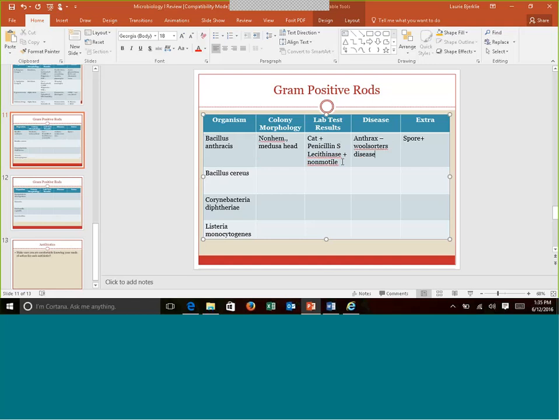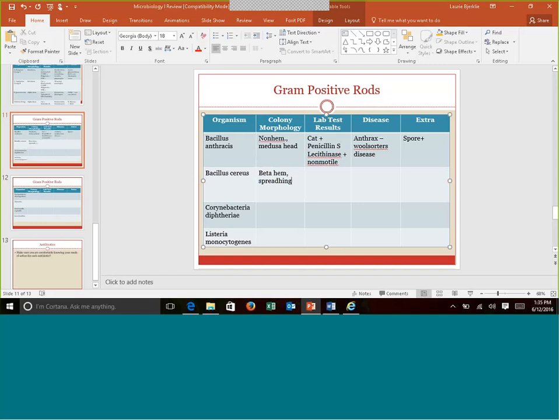Now again, there are three different types of anthrax infection depending on how they get it, whether it be through a skin infection, a lung infection by inhalation, which is more associated with bioterrorism, or a GI infection through ingestion. Bacillus cereus is beta hemolytic. These are also large colonies that are said to be just more spreading, so they don't really have the projections.